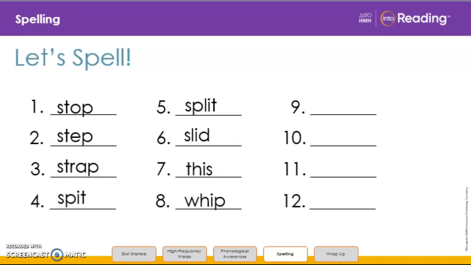The next word is which. Which. Which book is better? Which? All right, the next word is that. That. That book is about monsters. That.